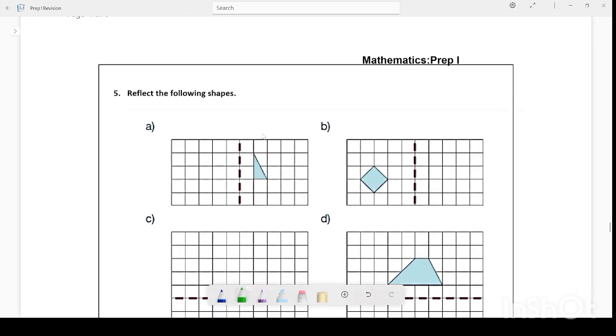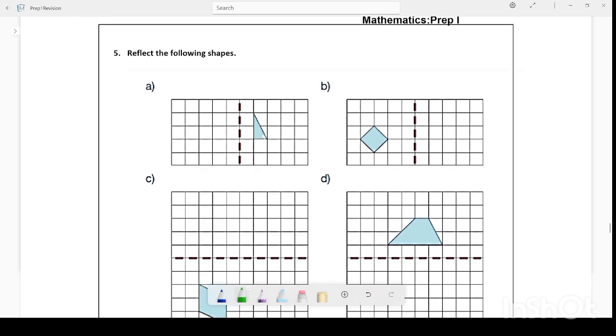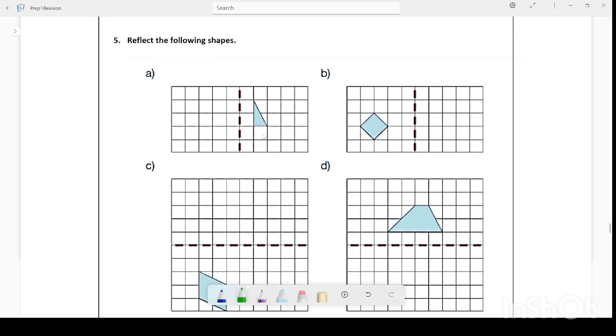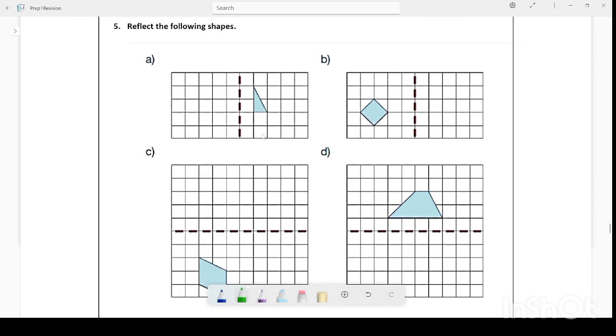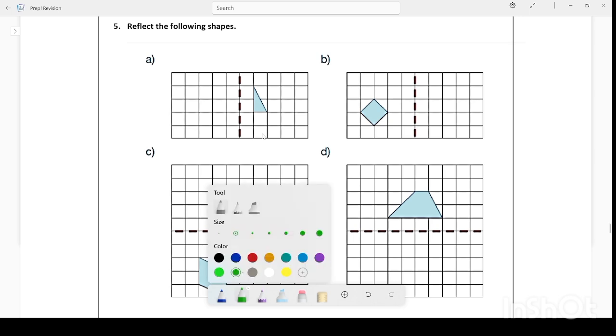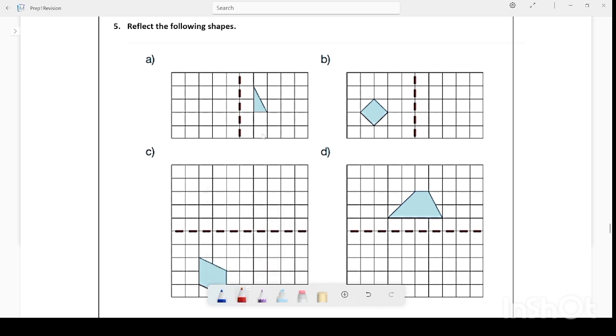Okay. Now reflect the following shapes. For reflection, we look at the corners. What are the corners here? This is one corner of the shape, a second corner and a third corner. This corner is one block distance from the line of symmetry.